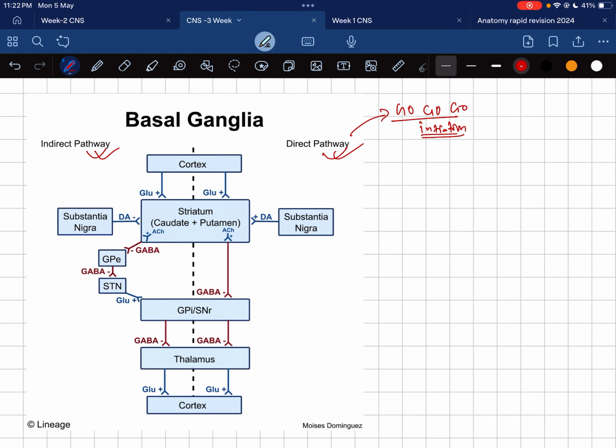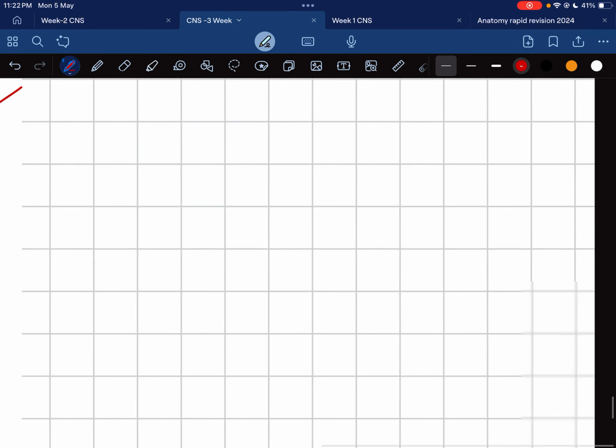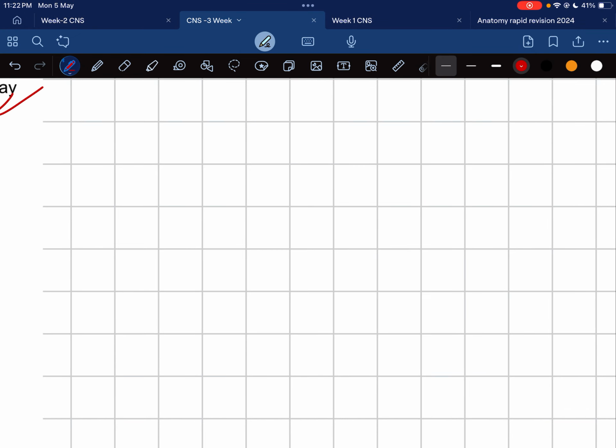So moving on, when we think to move our arm or make any body movement, there is the motor cortex, and that thinks to do this movement and excites the striatum.